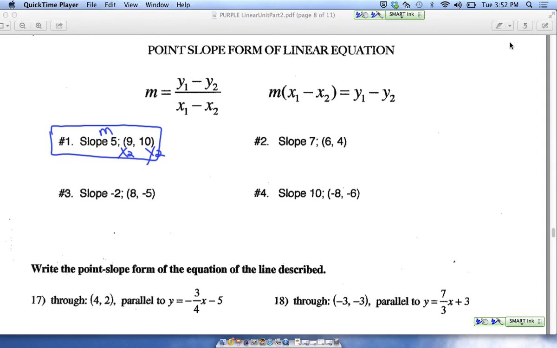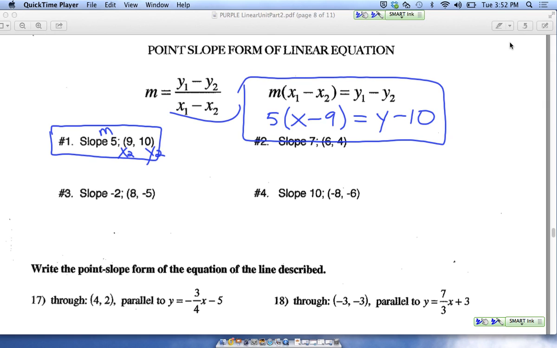So arranging this in my formula, I have 5, and then instead of writing the subscript, I would just simply write the x, and I would say x minus 9 equals y minus 10. And you are done. So that is taking the information given in number 1 and arranging it in point-slope form. So let's do another one.